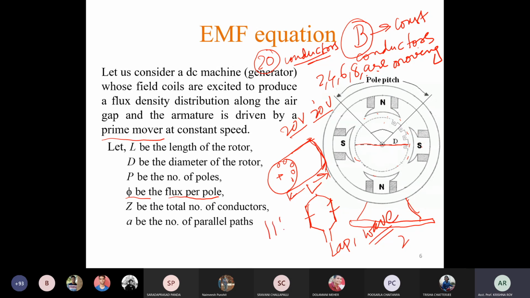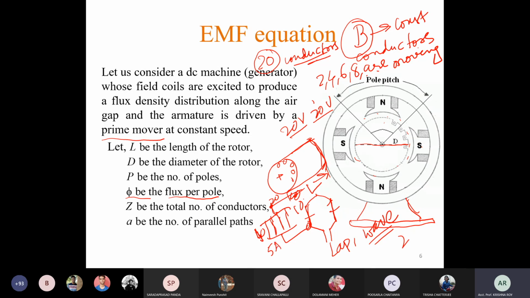So 4 parallel paths each having 10 volt. So we will get, sorry, this is 10. So we will get the output voltage as 10 volt across the brush terminals. But you can see if the total current is 20 ampere here, each path is carrying only 5 ampere.